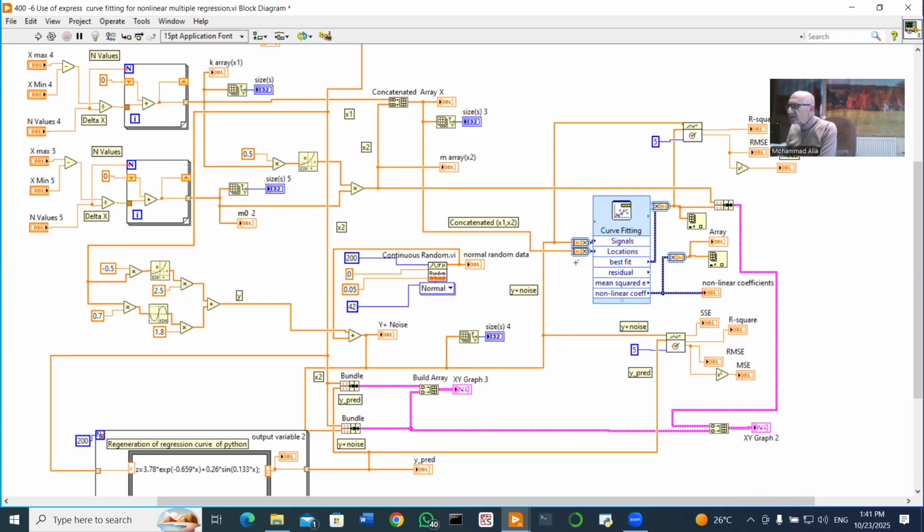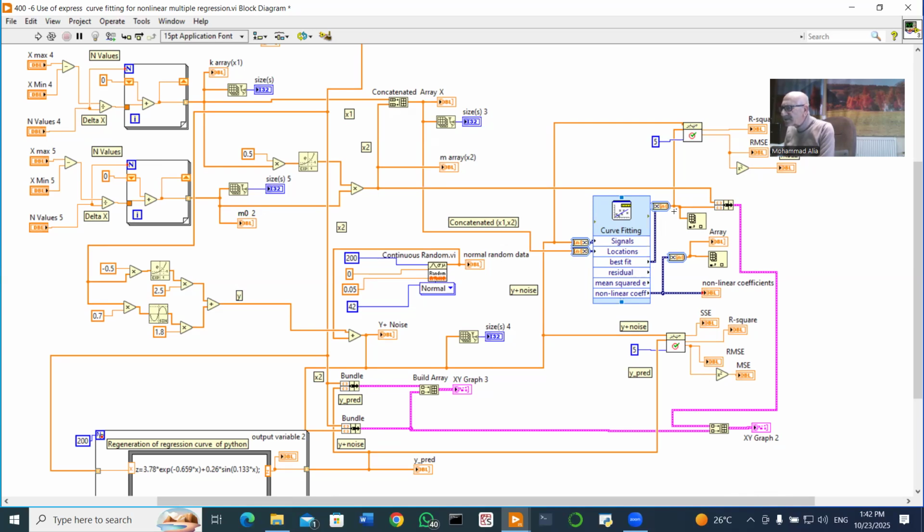Okay. Here we do not have to give an estimation of the coefficients. And at the output here, as you see, you have an output as a cluster, best fit.